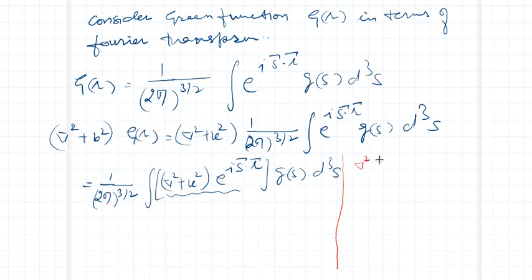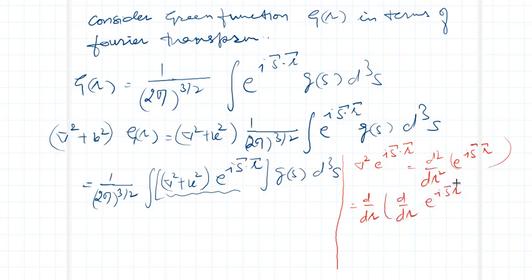It is del square e raised to power iota s.r. It's like d square over dr square e raised to power iota s.r. So it can be written as d over dr into d over dr e raised to power iota s.r. Then d upon dr of e raised to power iota s.r, and again its differential.